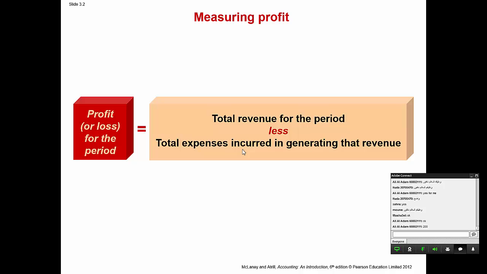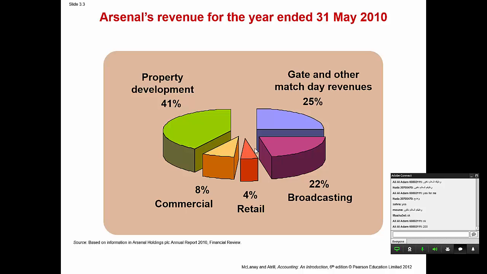For sure, the profit will be 200, which is 1,000 minus 800. This is our profit. So the profit or loss is equal to total revenue minus total expenses.